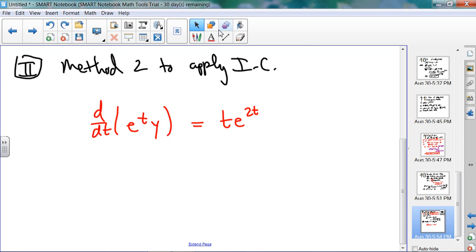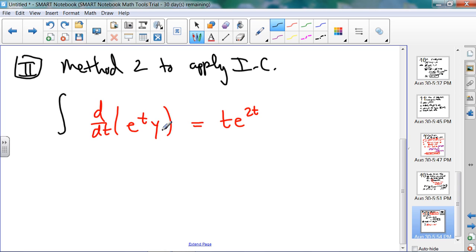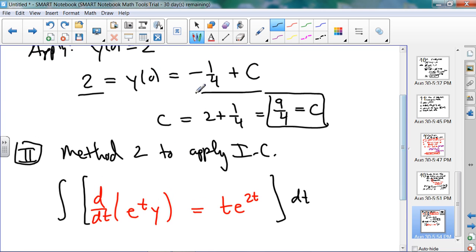What we're going to do now is, instead of doing an indefinite integral, we're going to integrate the entire equation between the two t values. So we're going to integrate all of this dt from t equals the initial value, t equals 0, to t equals t.